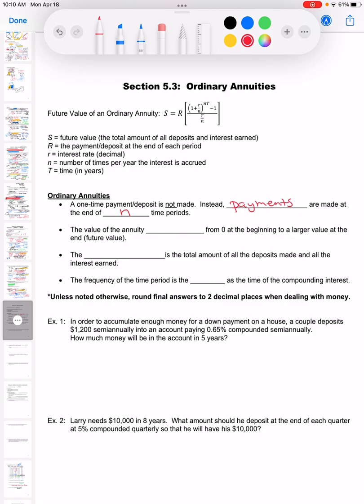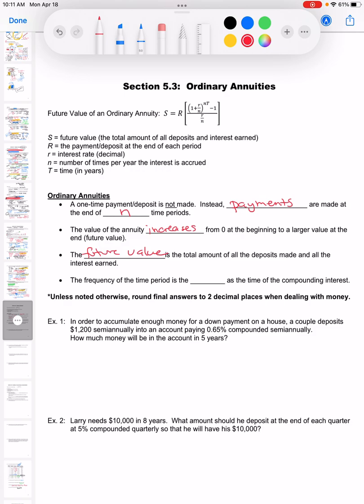So the value of the annuity increases from 0 at the beginning. We start with nothing in our account, and then we keep putting money into it, and it gets larger and larger. The future value is the total amount of the deposits made and the interest earned.